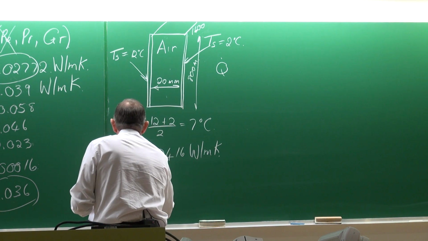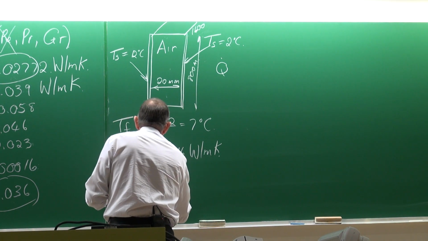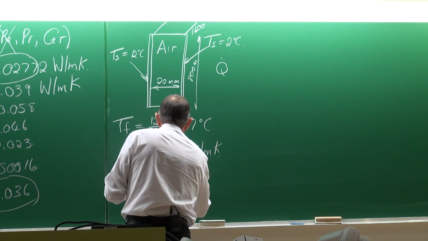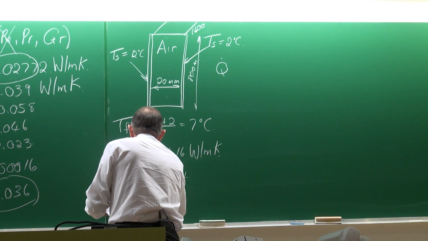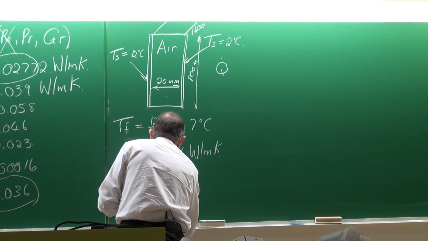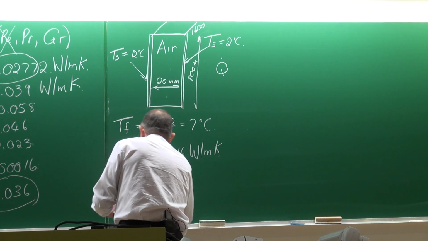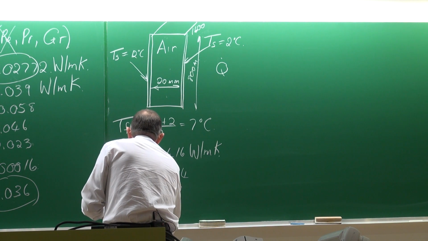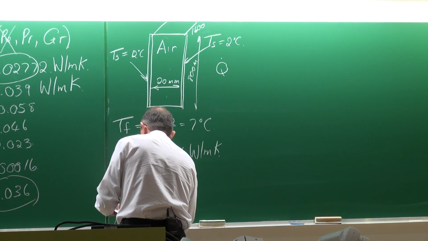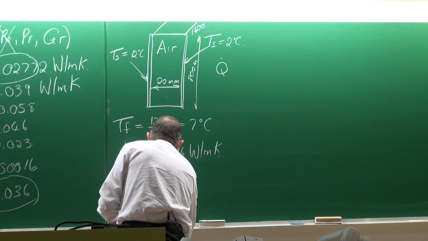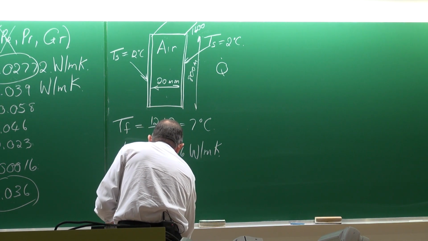The Prandtl number is equal to 0.7344. The kinematic viscosity is equal to 1.4 multiplied by 10 to the minus 5. And beta is, of course, 1 divided by 273 plus 12, and that is 280. 1 divided by 280.